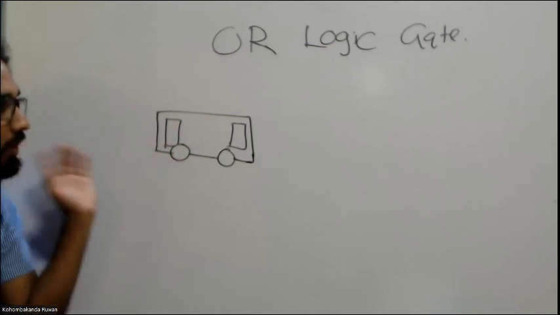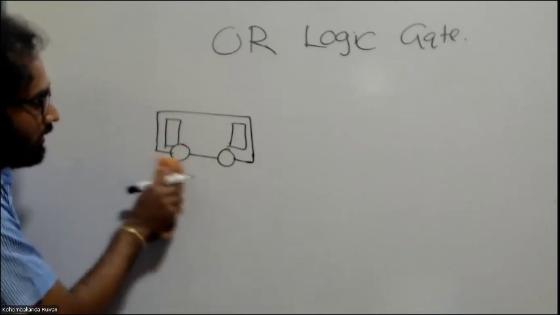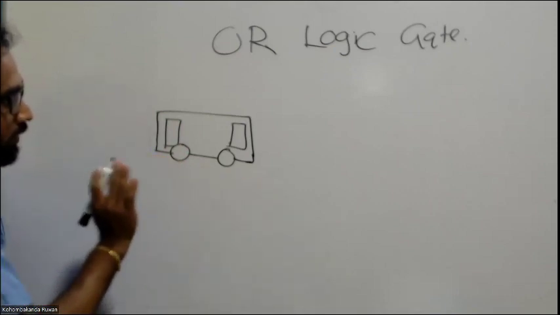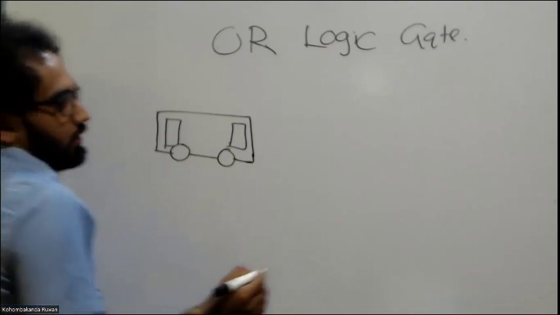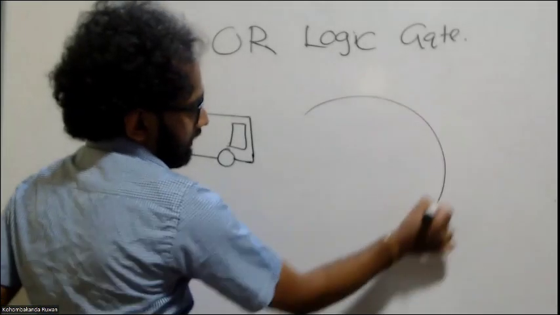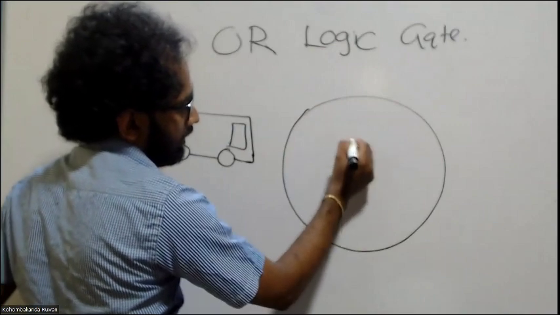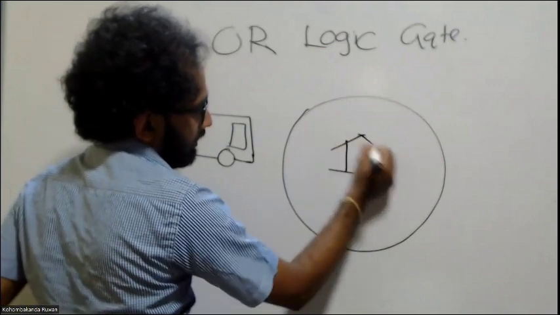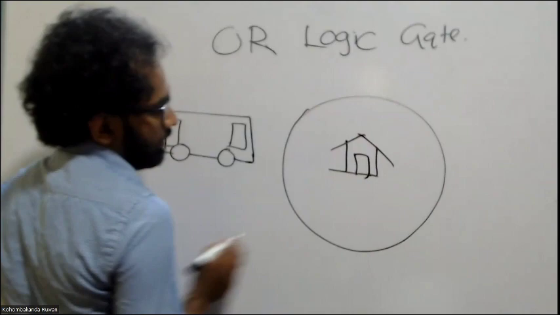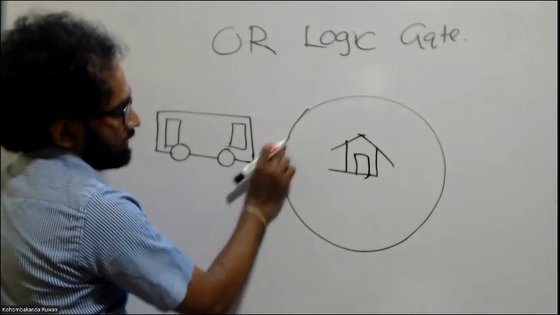No, sir. Right, this is one example. Here's another one. Assume that this is your land and this is your home. There are 2 gates.